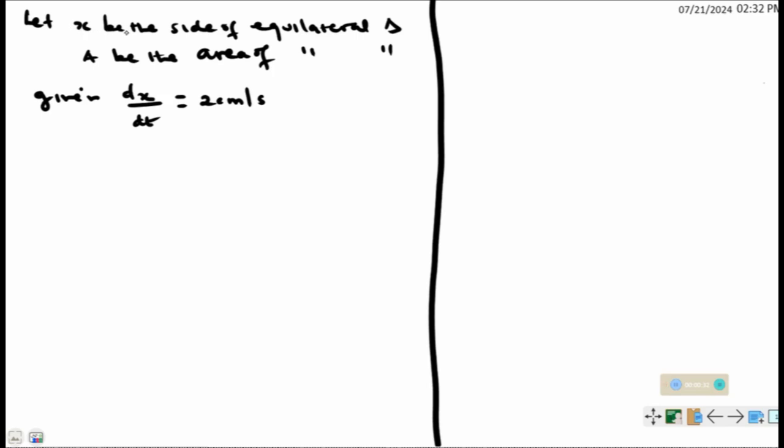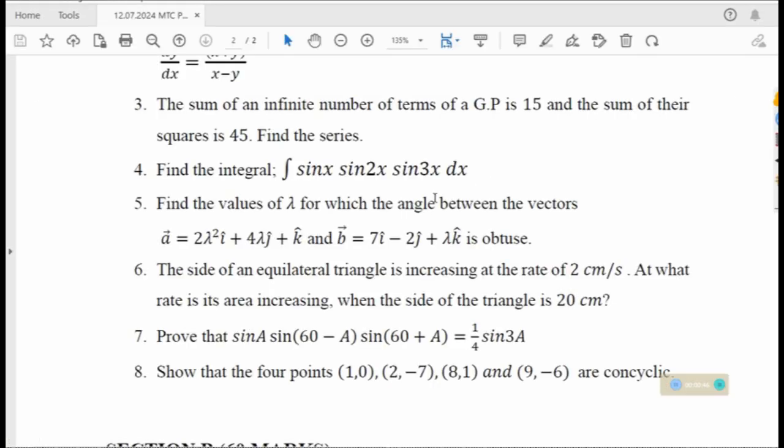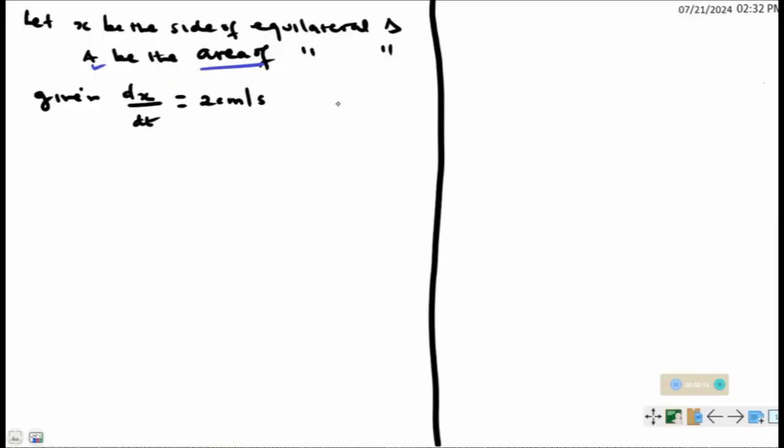We shall let x be the side of this equilateral triangle. We shall also let A be the area of this same triangle. Looking at the information given, we are told that the side of this triangle is increasing at a rate of 2 centimeters per second, which side we called x.